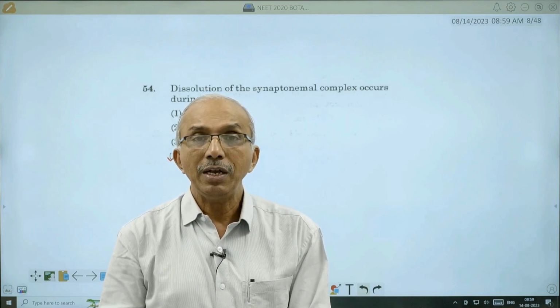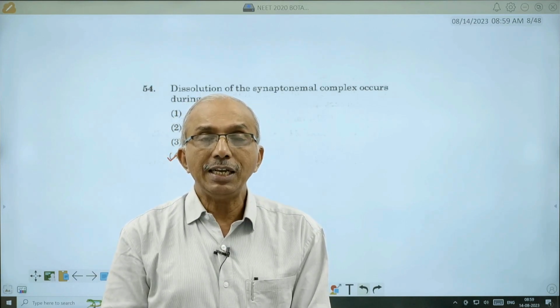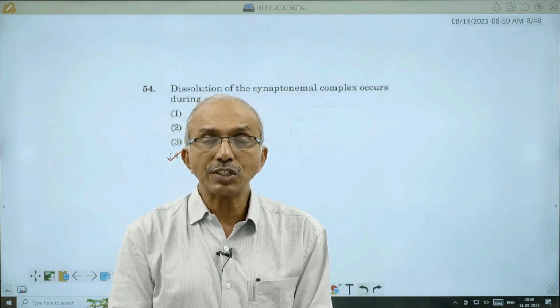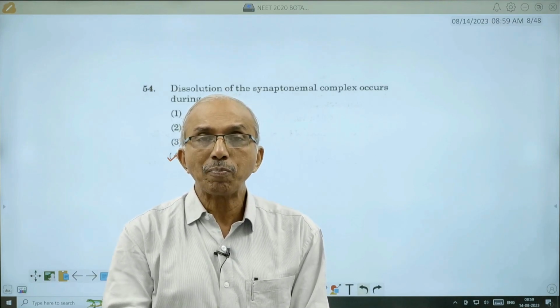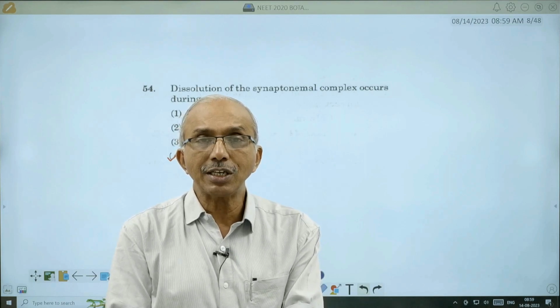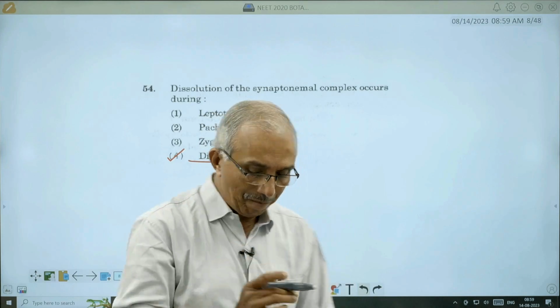They help crossing over. This synaptonemal complex disappears after crossing over. Crossing over occurs in pachytene. After pachytene, the substage is diplotene and the synaptonemal complex disappears.